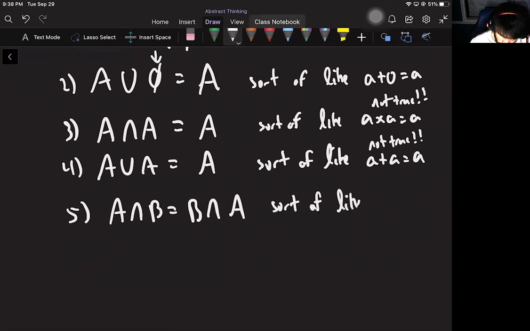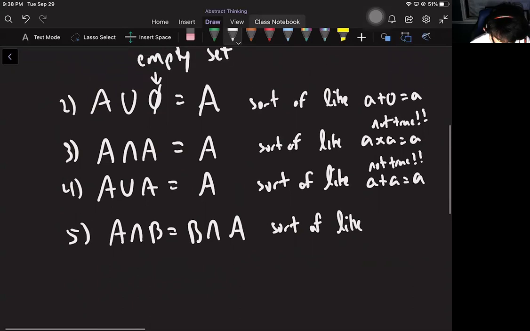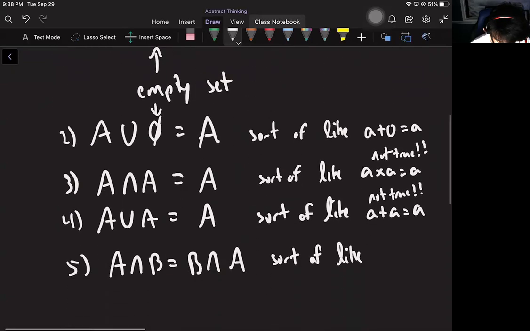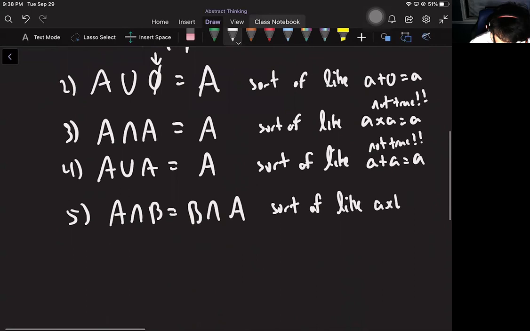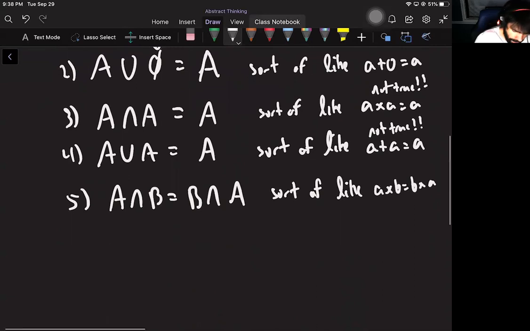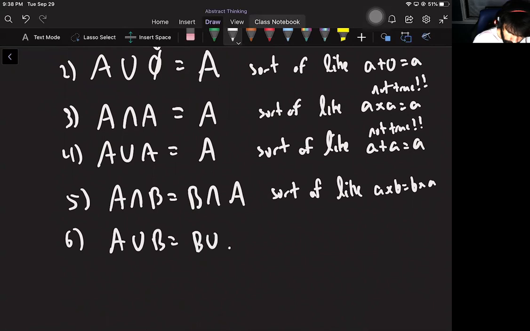And so this is like saying A times B equals B times A, and this is true for numbers. And if I do union instead, same thing. This is like saying A plus B equals B plus A. That's also true for numbers.